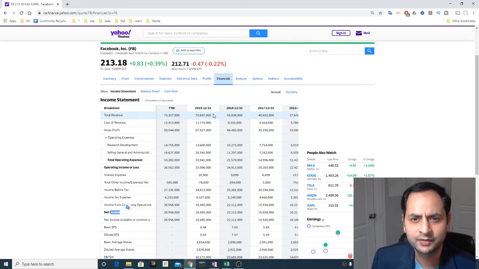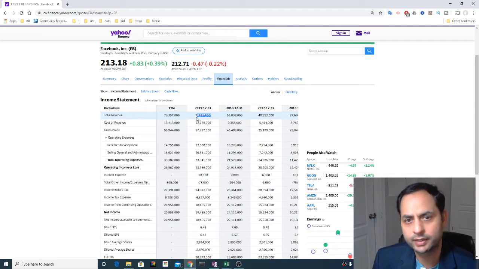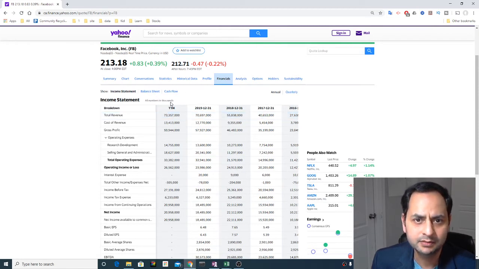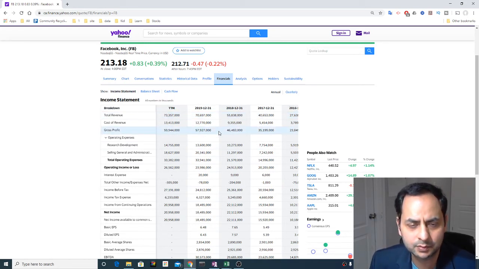This means it is around 70 billion. 70,699, or 70 billion revenue. If the source number format is in millions, then it should be 70,697. So this is the arithmetic there. That's how you read this number. This is not 70 million, this is 70 billion because of the three zeros.